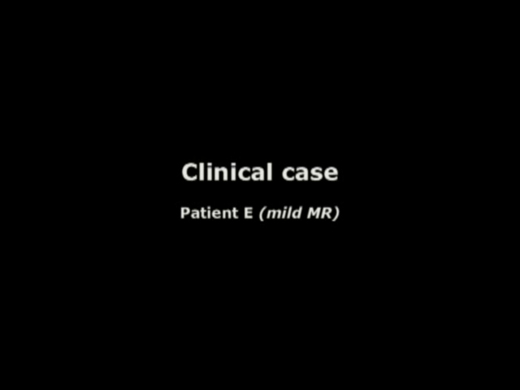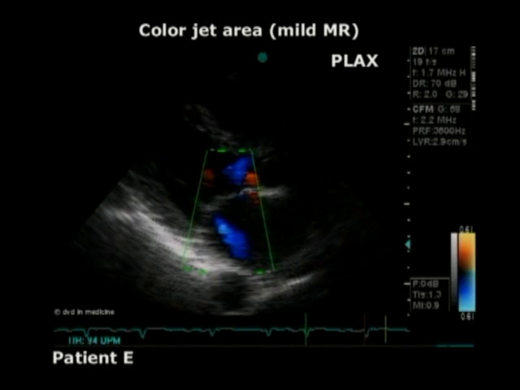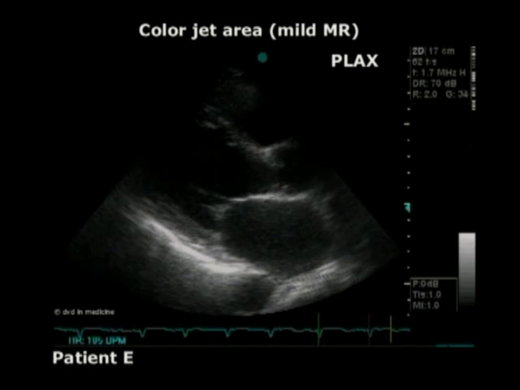Patient E with mild MR. The jet area is around 3 centimeters squared.